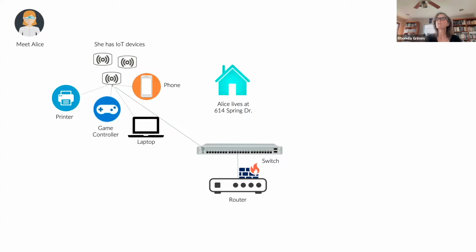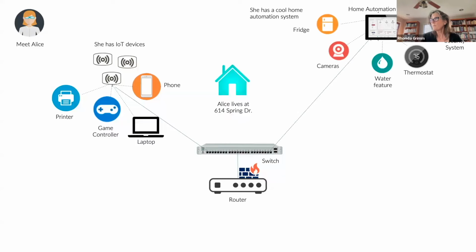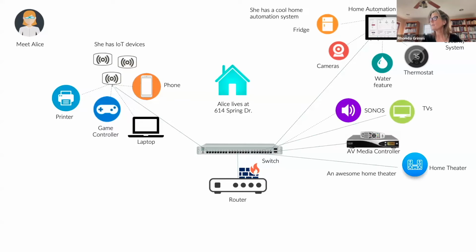She might have a TV or a laptop that plugs in directly. She's got this great home automation system. She's got the fridge, the camera, the water features, all this stuff. Maybe the control panel plugs directly into the switch. She's got a great TV setup, and the home theater and AV media controller plug into the switch. Everything that can plug into the switch does.